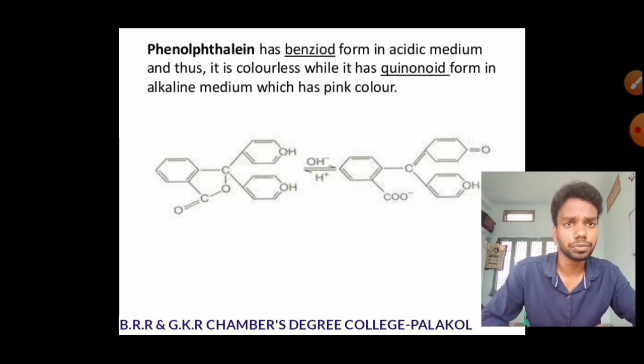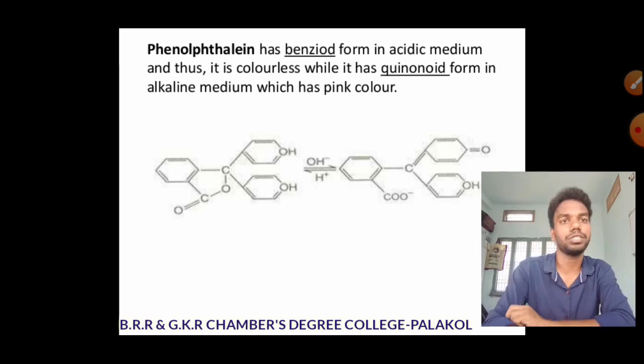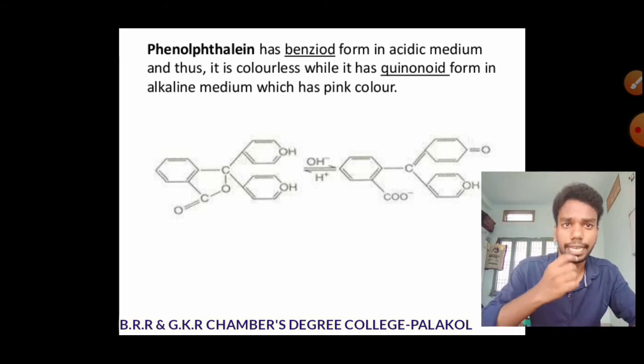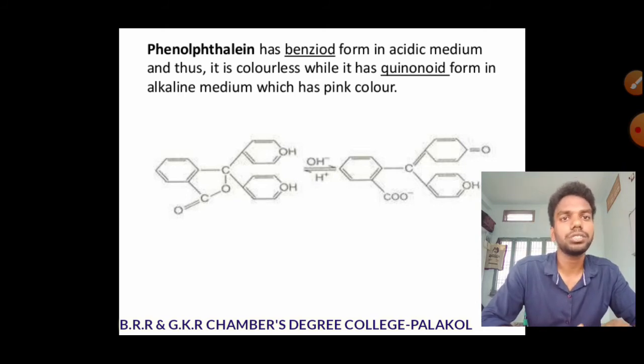In acidic medium phenolphthalein has the benzoyl form, and thus it is colorless, while it has the quinoide form in alkaline medium, which has pink color. So in acidic medium, phenolphthalein has the benzoyl form, so it is colorless, while in alkaline medium this benzoyl form will be converted into the quinoide form. The quinoide form of phenolphthalein shows pink color, right?